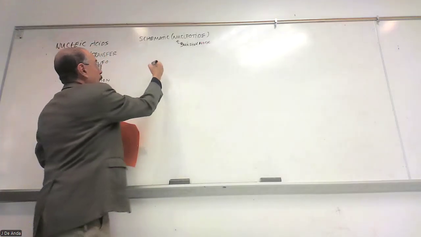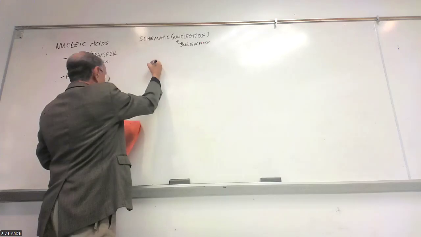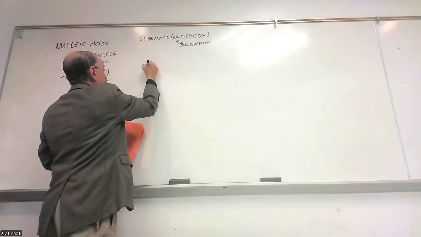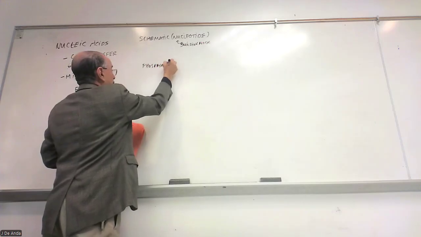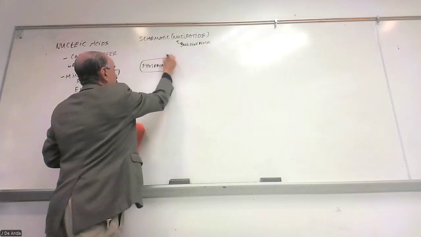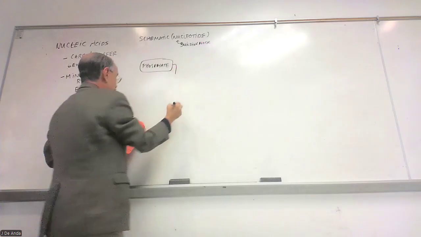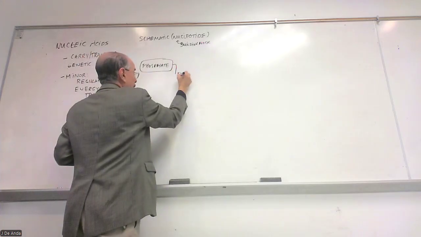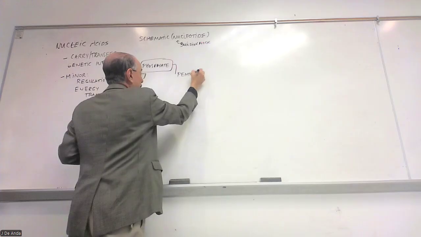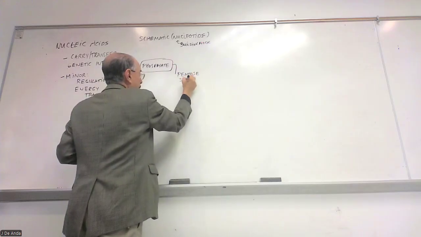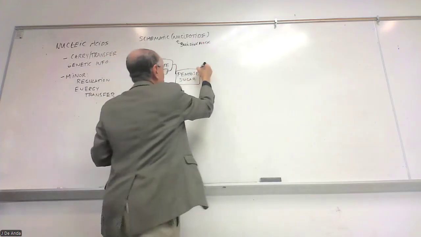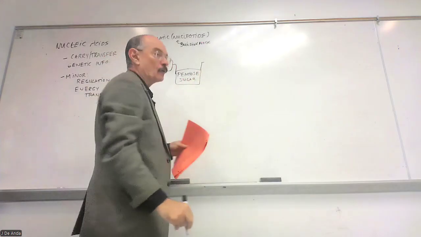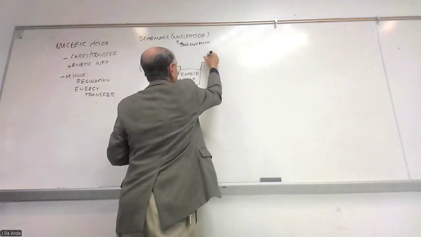Anyway, so the point is what you have is a phosphate, that is going to be connected to a pentose sugar, and then that's going to be connected to something we're going to call a nitrogen base.